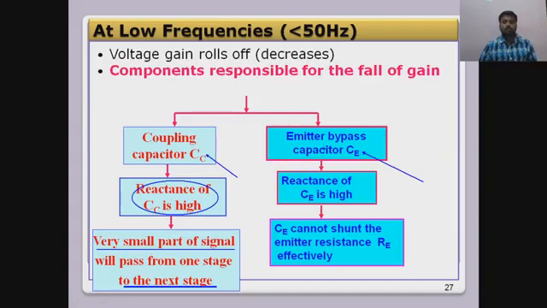And what happens at the emitter bypass capacitor? The reactance of CE is high because it is a low frequency.